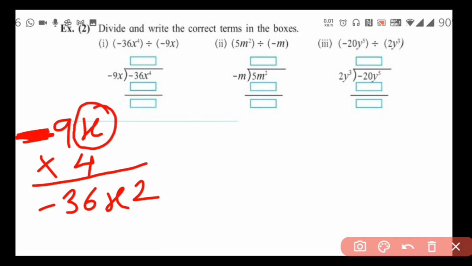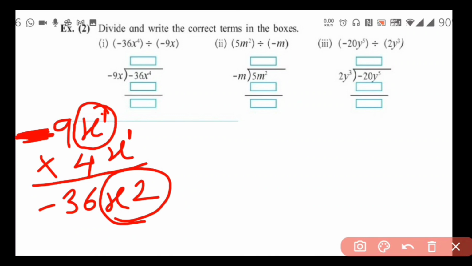So x multiplied by which variable? The answer should be x square. X multiplied by x, because here the index is 1 and here also the index is 1. We have to add the indices. 1 plus 1 will be 2. So 9x multiplied by 4x, the answer is 36x square. Are you understanding, children?